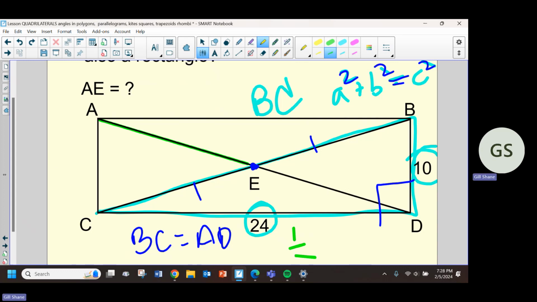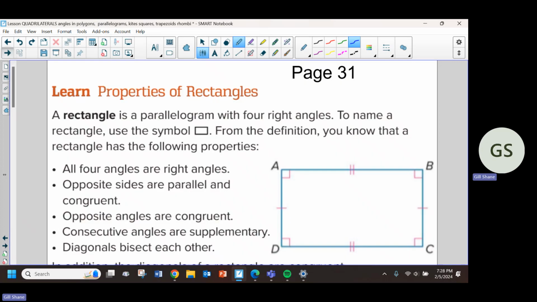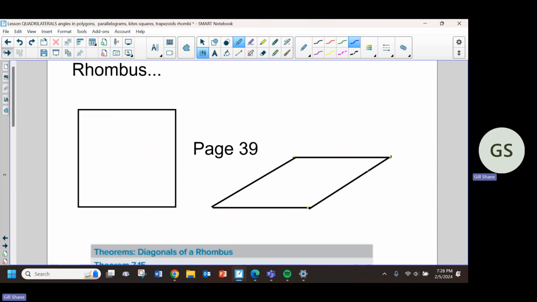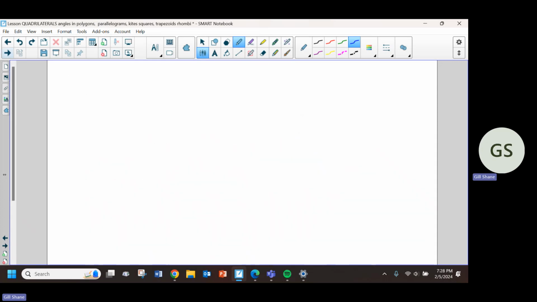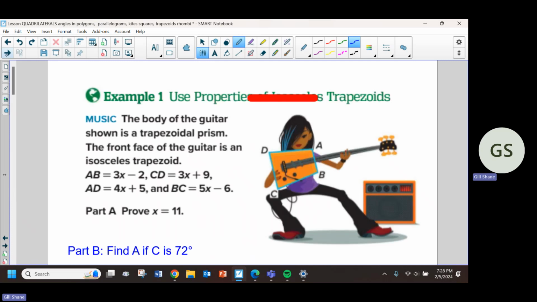So AE is 1/2 of, and of means times, whatever AD is, and AD is whatever BC is. They're the same. Remember, that's the property of a rectangle. Diagonals are the same. All right, so let me go back one time because I was having a brain cloud and show you the rectangle thing that I probably confused you with.